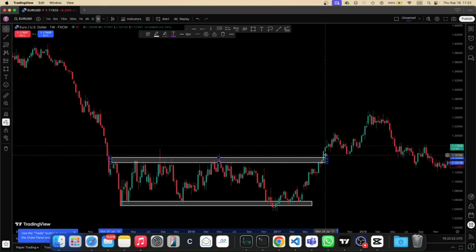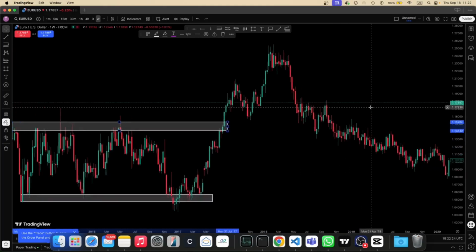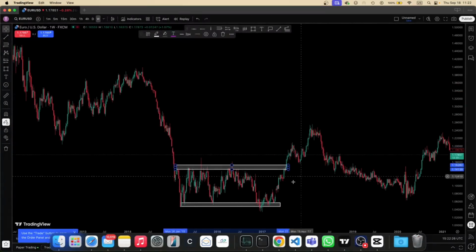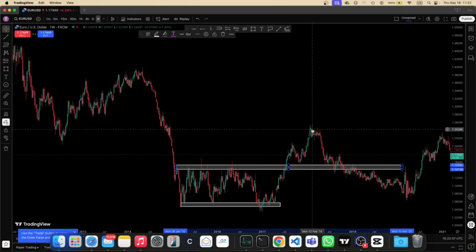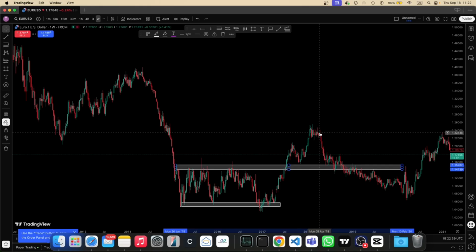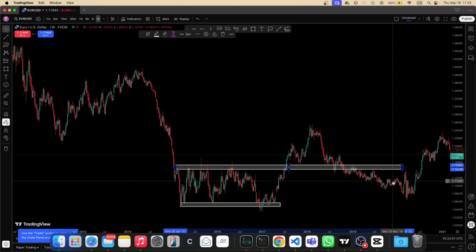So this is like a small uptrend, and then it dropped back again into that same range. Since this is a weekly chart, this can be considered a small short-term uptrend, and then it failed to go up even more and dropped back again. Okay, so this is one of those.